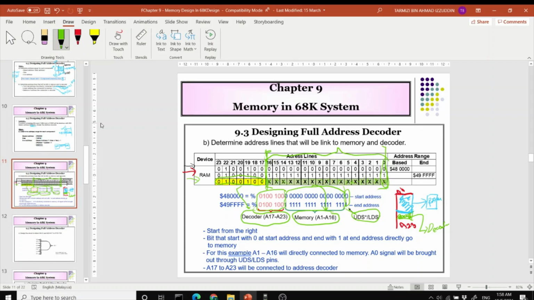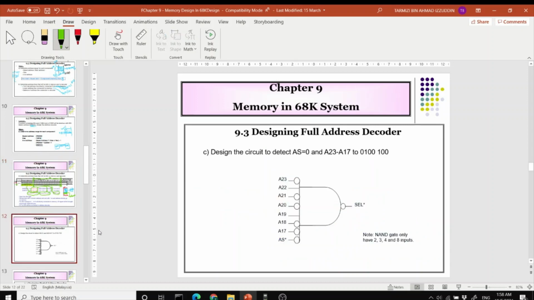So the last step for you is to design the decoder circuit. Generally the easiest way is for you to use a NAND gate for this.